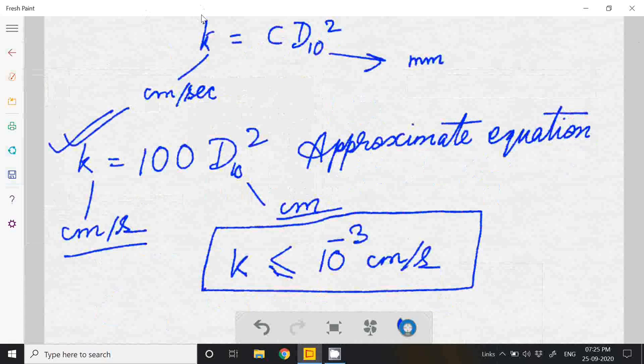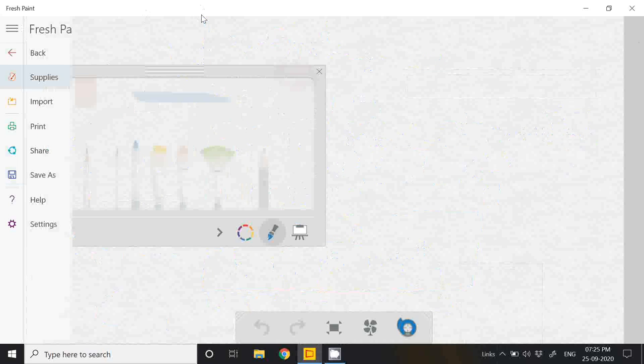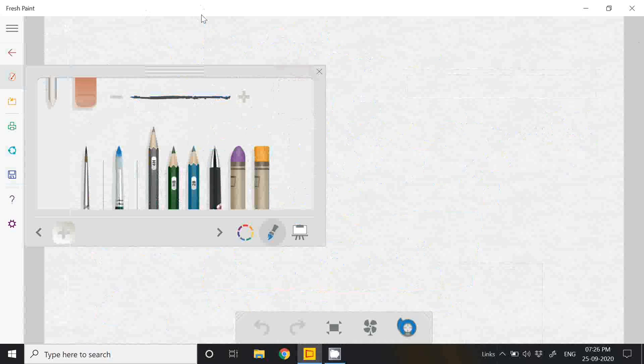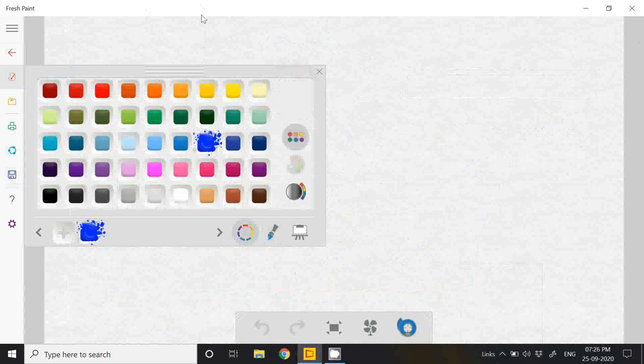Okay, so that is all you need to know. Please remember this formula and these ranges. Then another important factor which can influence permeability can be discussed using one equation.